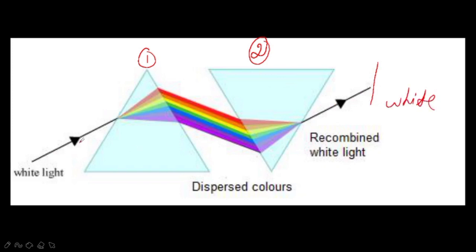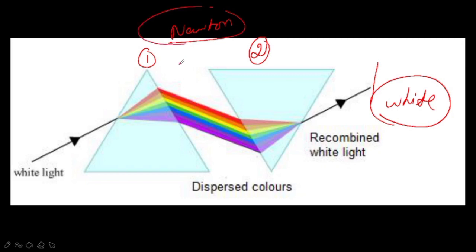See, white light passing through the first prism splits into 7 colors, and then when these 7 colors again pass through the second prism which is placed in inverted manner, they get recombined and give white light.